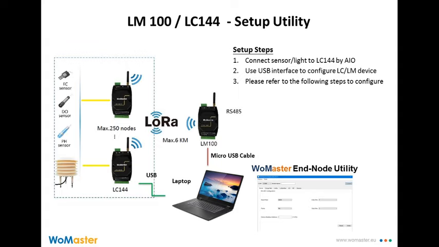Then we need to link the LC and LM by the USB ports. It's a micro USB cable to our laptop, and start the WoMaster end node utility to do the configuration by the following slides.